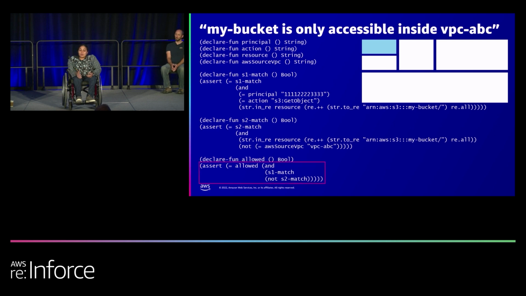Instead, it's all baked into the mathematical representation. And there's no rules about which conditions are ANDed together or ORed together. We've taken into account all the rules of AWS policies and encoded them into math. We can turn this over now to a specialized mathematical solver to tell us if there exists a solution to this math problem.